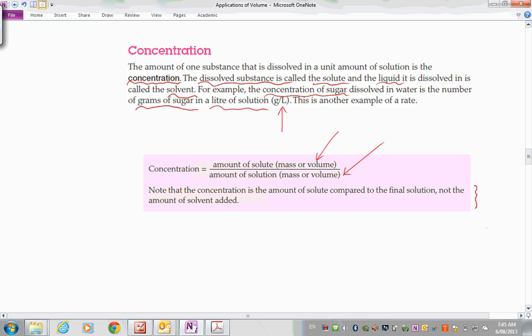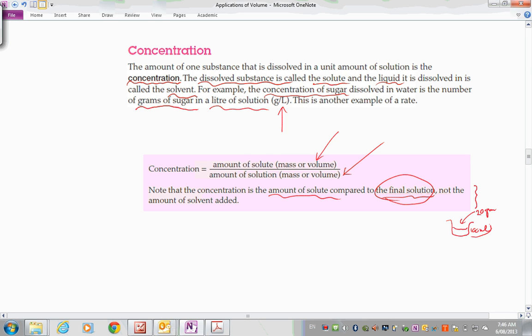here's an interesting one here. The concentration is the amount of solute compared to the final solution, not the amount of solvent added, because obviously the volume of the final solution with stuff added to it will be greater. So you keep adding it and then measure the final volume of the solution. Now just let's clarify that. Let's say we've got a beaker here and we put in solvent, let's say 100 mils, and then we dissolve, let's say, 20 grams of some substance in there.